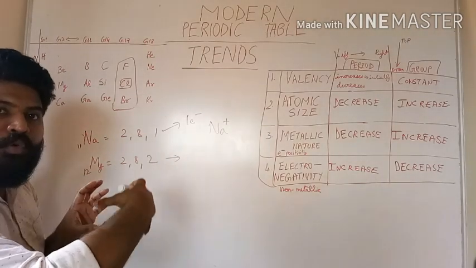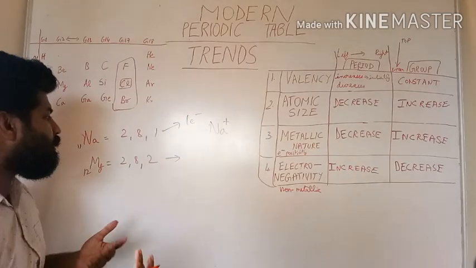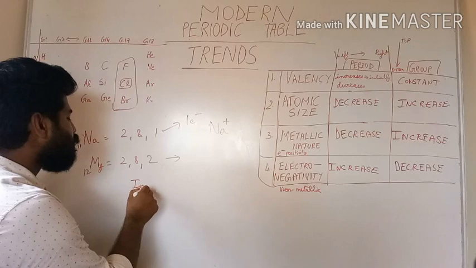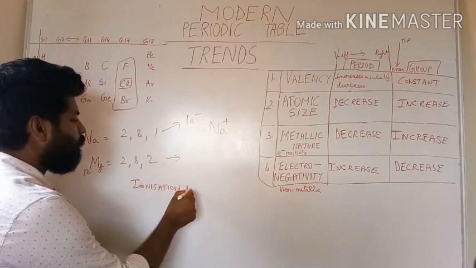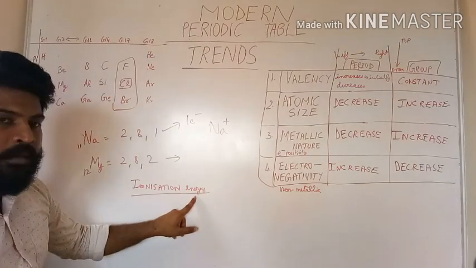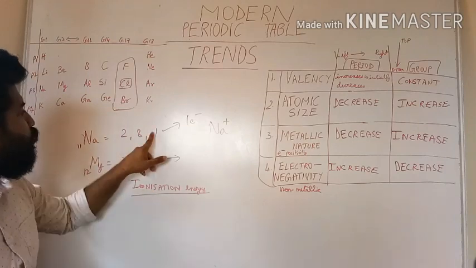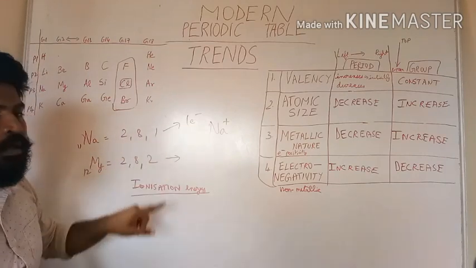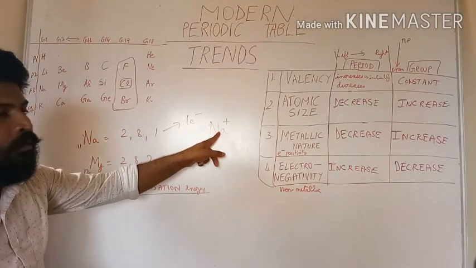Because for removing an electron from the valence shell, it requires energy. This energy is called the ionization energy, the energy required to make an ion. If you want to remove one electron from the outermost shell, you need to supply energy. Only then will it become an ion.